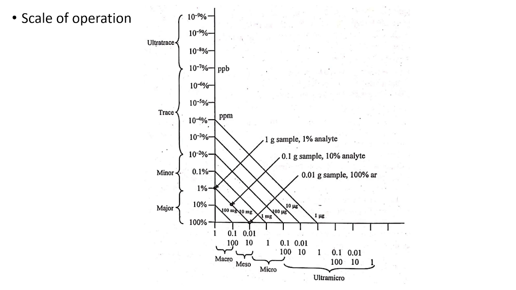For example, consider the colorimetric method, which is based on Beer-Lambert's law. Beer-Lambert's law has limitations at the upper level as well as the lower level, so you have to be within that range only. Depending on that, you can choose the method.